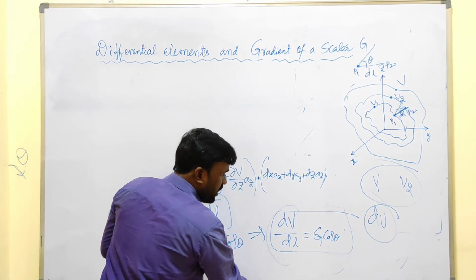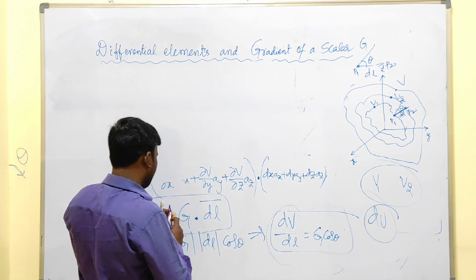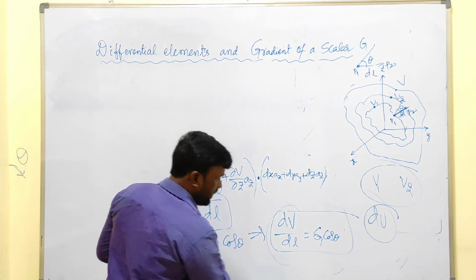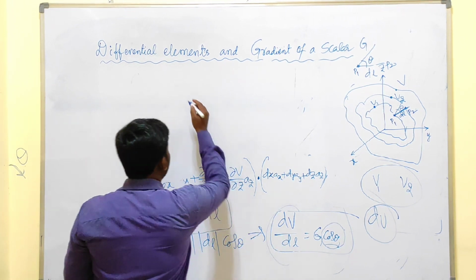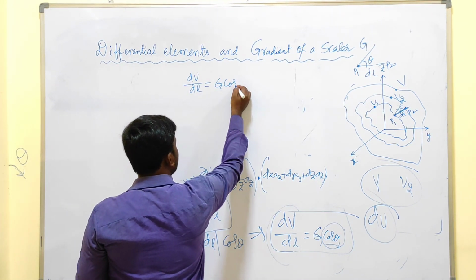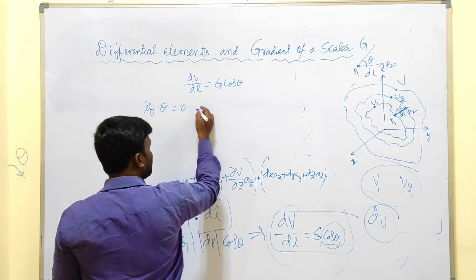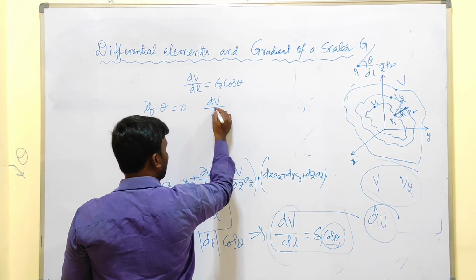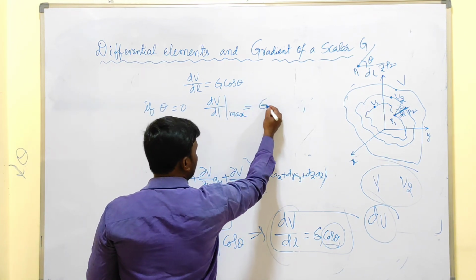It may be maximum or minimum depending upon this theta. If theta equals 0, we will get the maximum, that is dV by dl equals G cos theta. If theta equals 0, dV by dl becomes maximum. Of course, it is the magnitude of dV by dl, that is G.